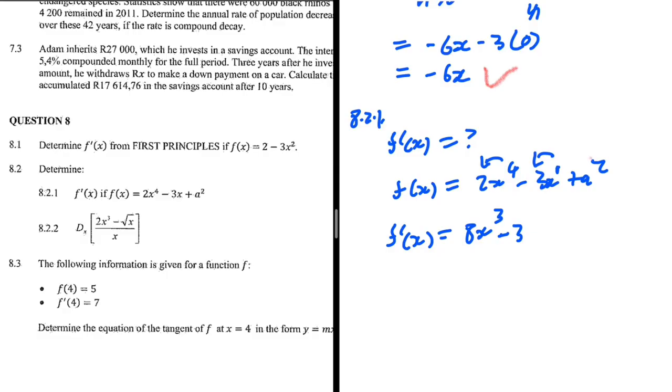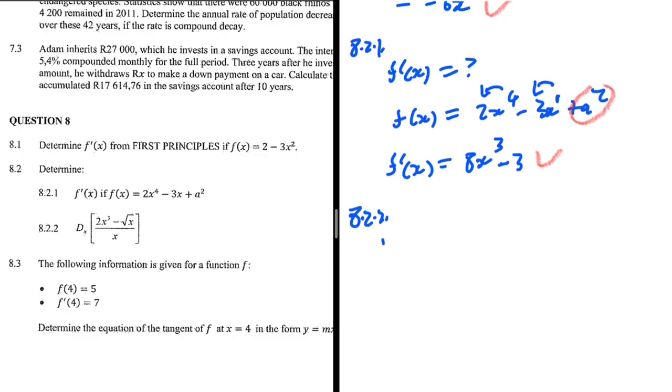Here we have a squared. a squared doesn't have a variable x, so that's a constant and we get 0. So f prime of x equals 8x to the power 3 minus 3. a squared becomes 0 because it is a constant, or at least we're not differentiating with respect to a. We're differentiating with respect to x. Right, that is 8.2.1.